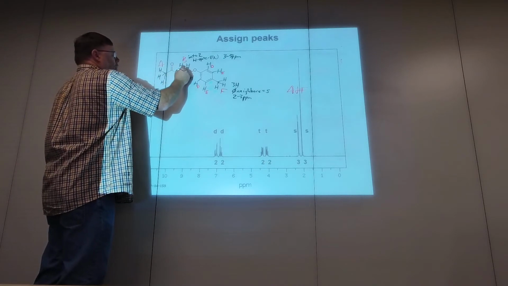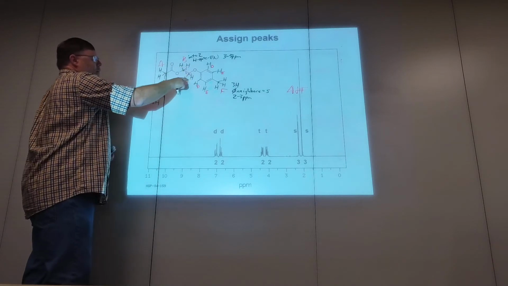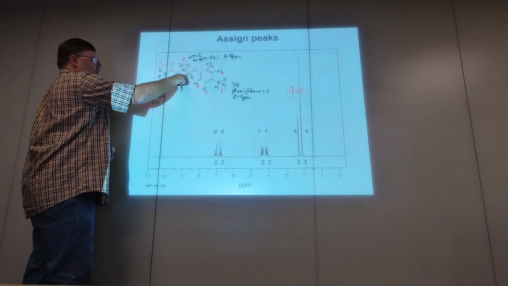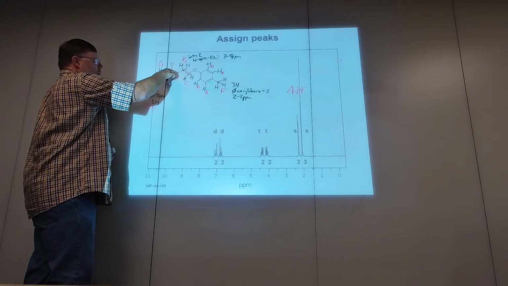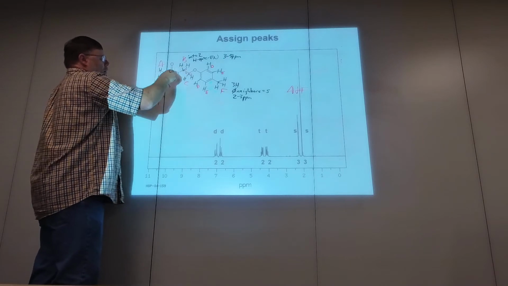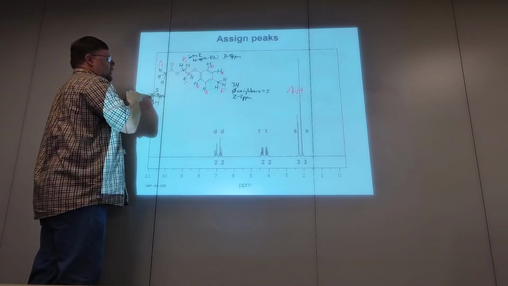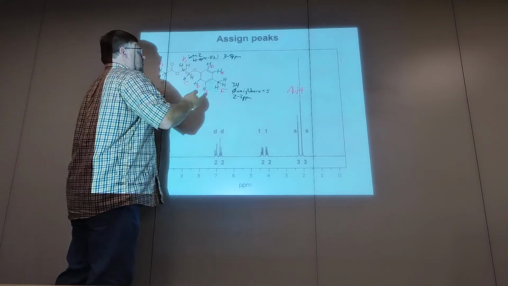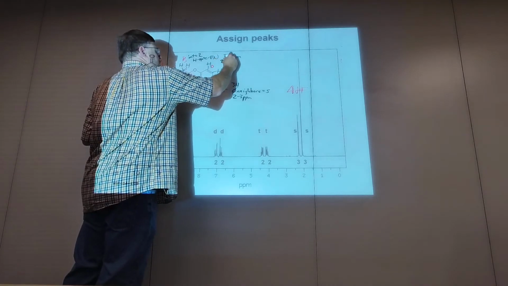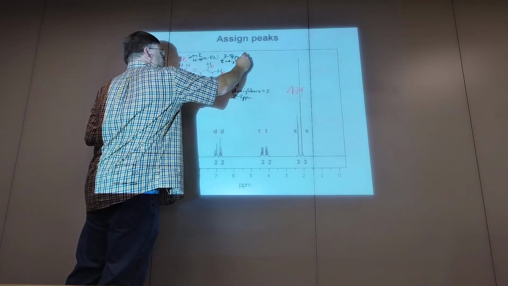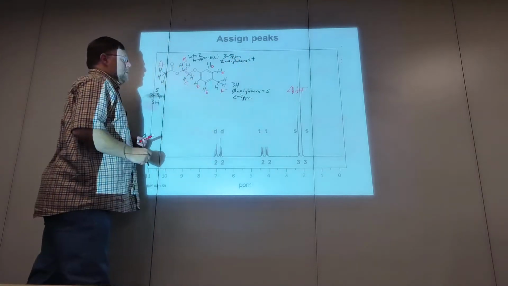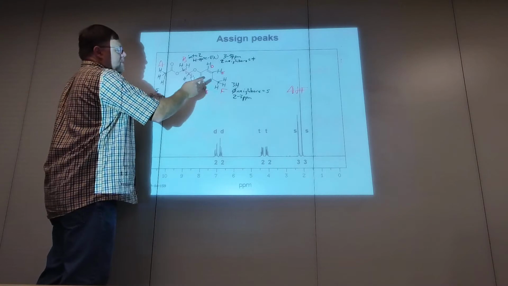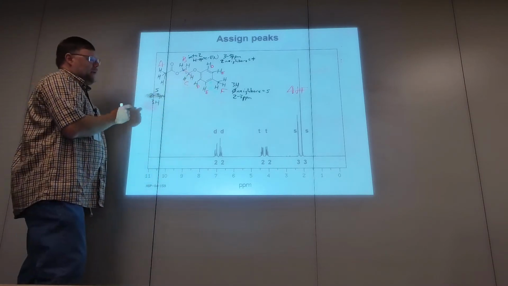So 1, 2, 3 sigma bonds gets me to proton C. If I go the other way, 1, 2, 3, I get to a carbon. 1, 2, 3, I get to an oxygen. So proton C are the only neighbors of B. So 2 neighbors is going to be a triplet. So a triplet between 3 and 5 that integrates for 2.